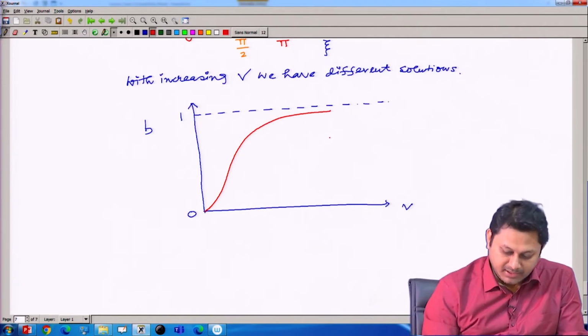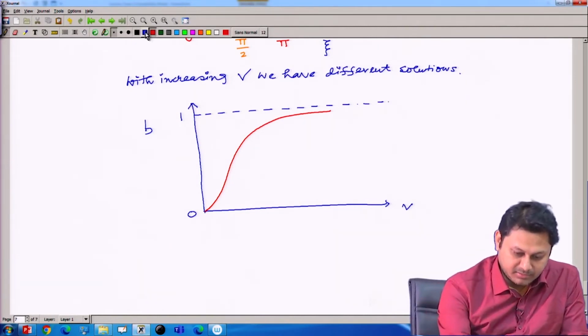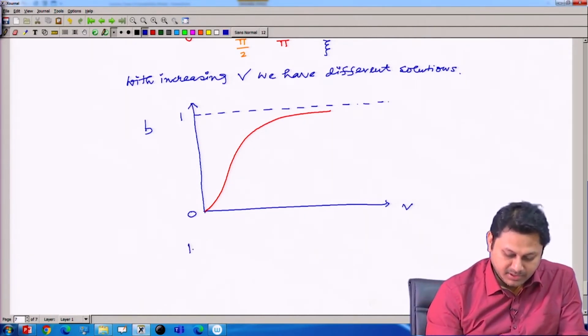Now, b, let me write it, b is in between 0 and 1 for all guided modes. This is the condition.